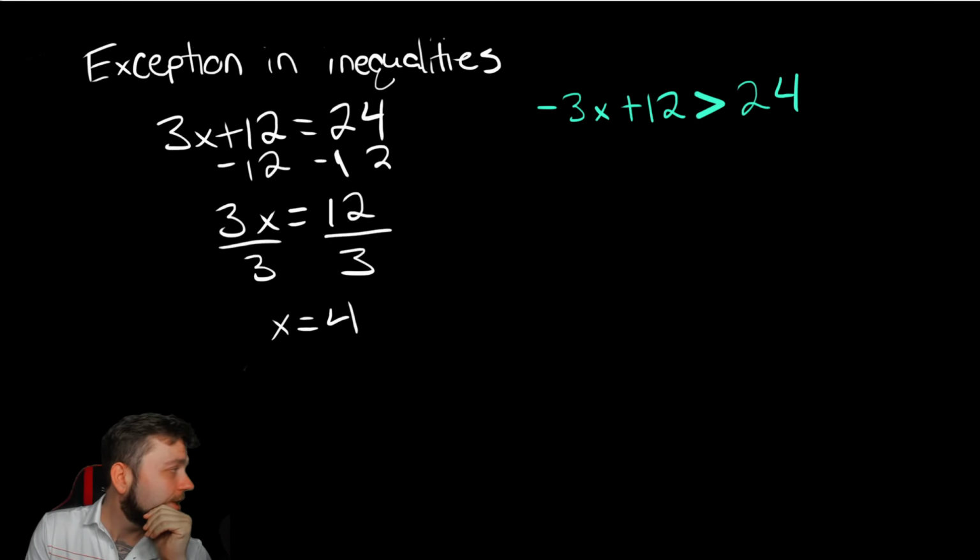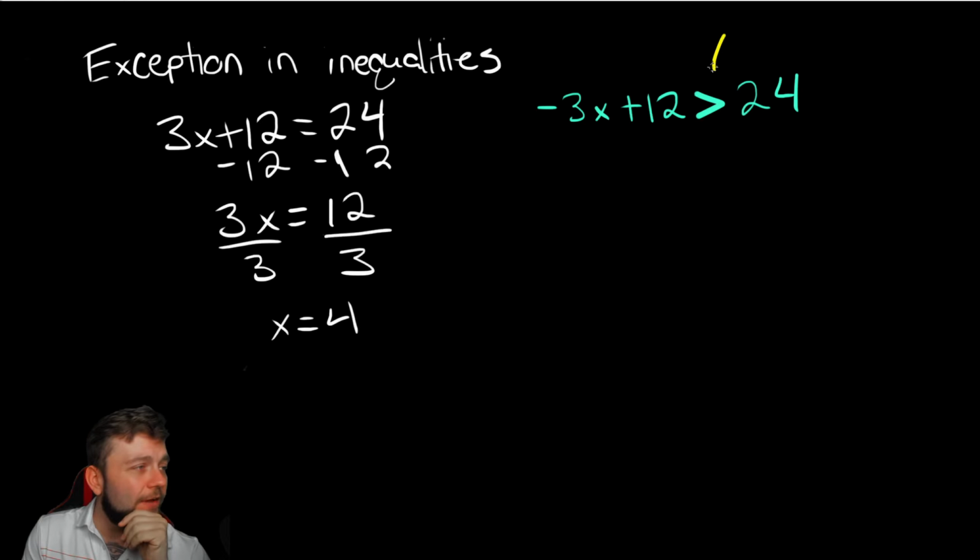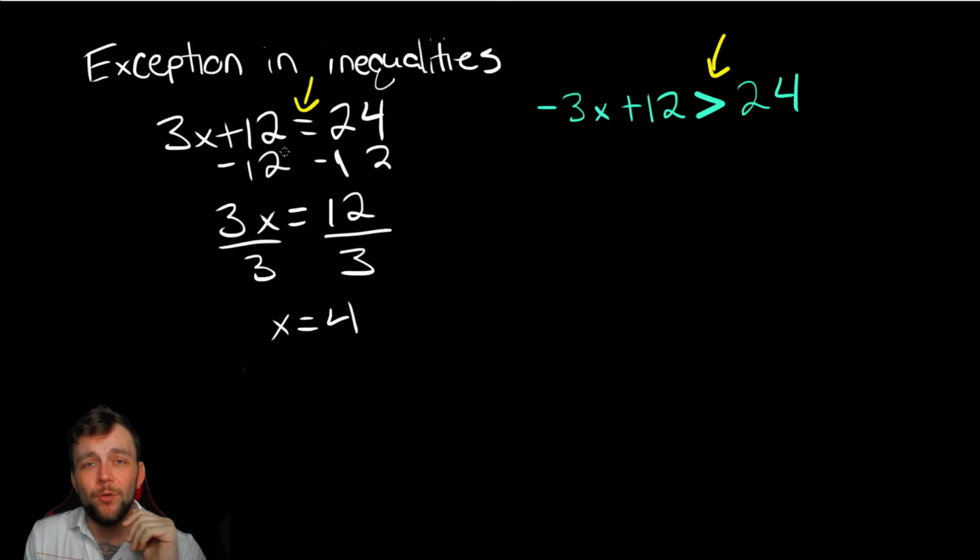The only two things that are different, we have our greater than symbol, and we have our equals, right? Between these two equations, those are the only two things that are really noticeably different. And that's why this confuses a lot of people, is why do we have these separation of rules with inequalities? And you'll see this, right? So this is the exception. If you write anything down today, this is the thing that you want to write down.